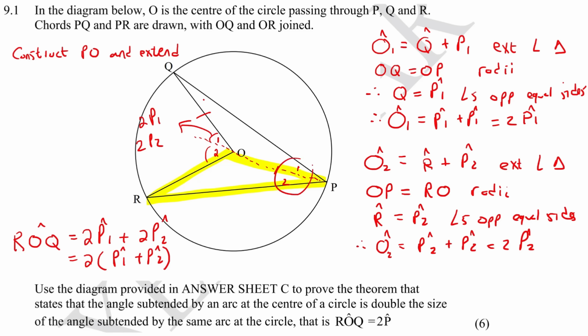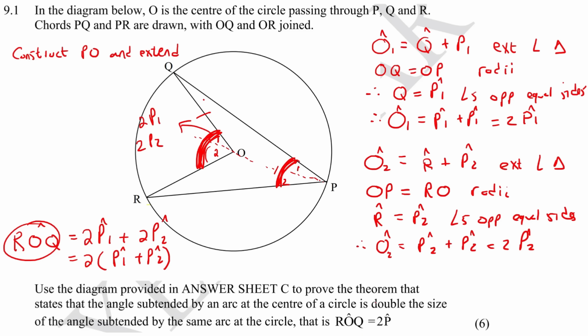P1 plus P2 is this whole angle, right? And what we've just proven is that this angle here is 2 times that. You see again, P1 and P2 is that whole angle, and ROQ is this whole angle. And what we've just proven, therefore, is that this whole angle is double that angle.